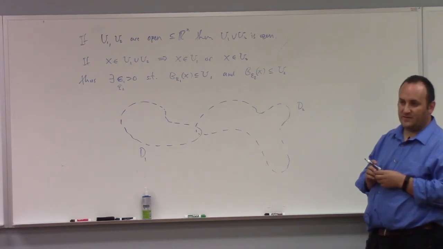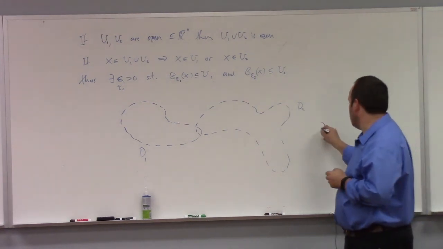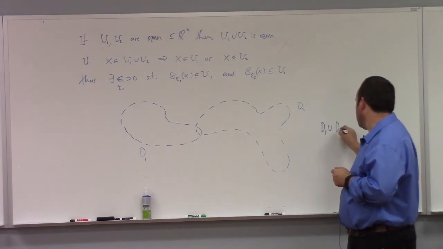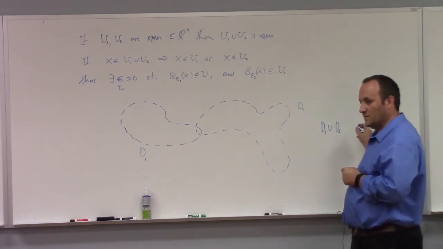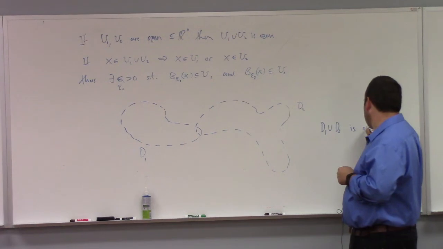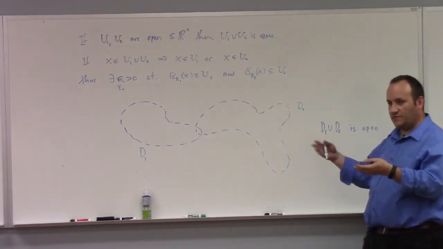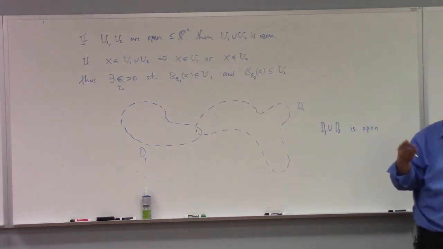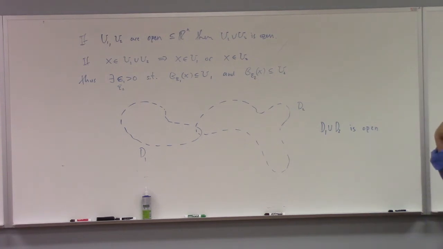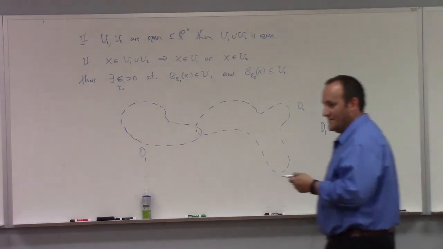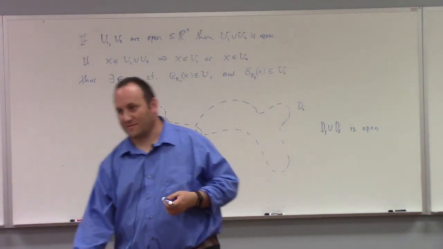My point is the fact that D1 union D2 is the union of open sets, so this is open. That part of it is pretty easy to show. You shouldn't have a lot of trouble proving that. I kind of just gave it to you, although awkwardly. I'm going to erase it because I don't like it the way I wrote it.